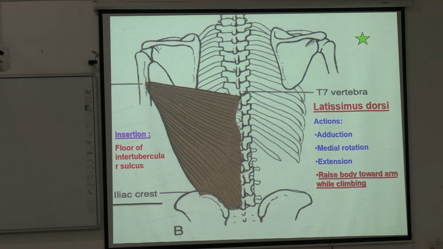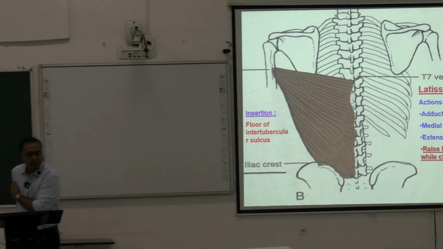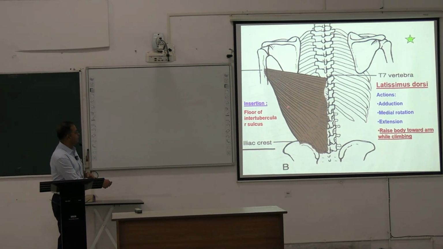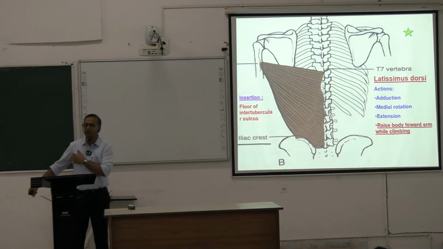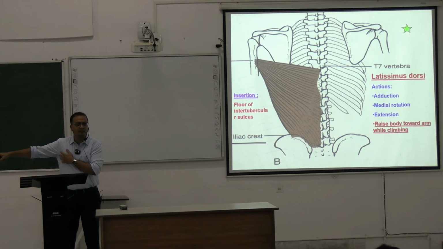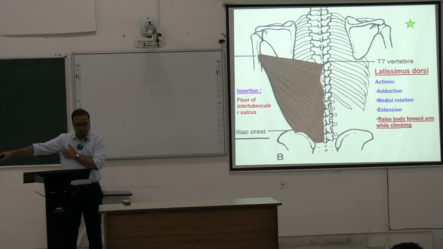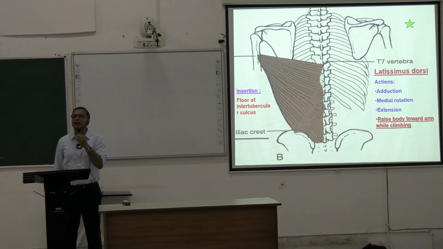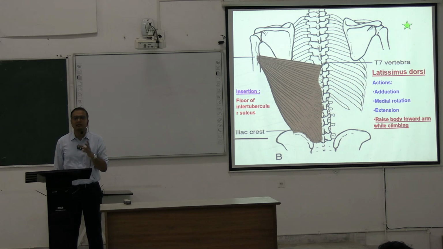Next point is that this muscle lying on the back side, once it contracts, can pull the arm backwards. We call that extension of the arm. At the same time, when it is extending, this muscle can do medial rotation of the arm. If you are taking the arm away, that is abduction, and if you are pulling it close, we call that adduction.